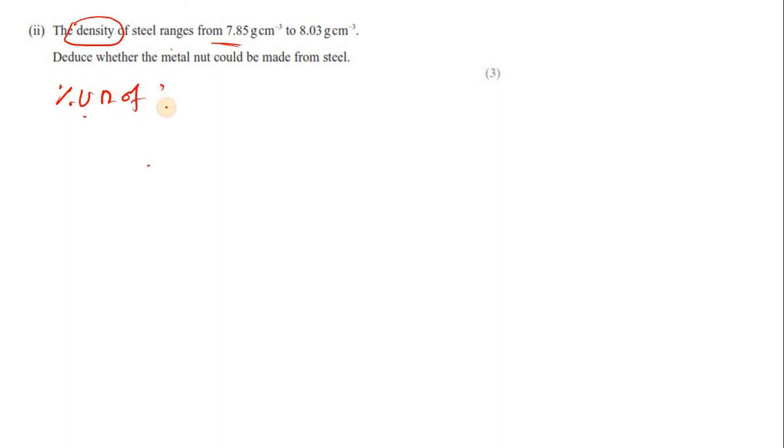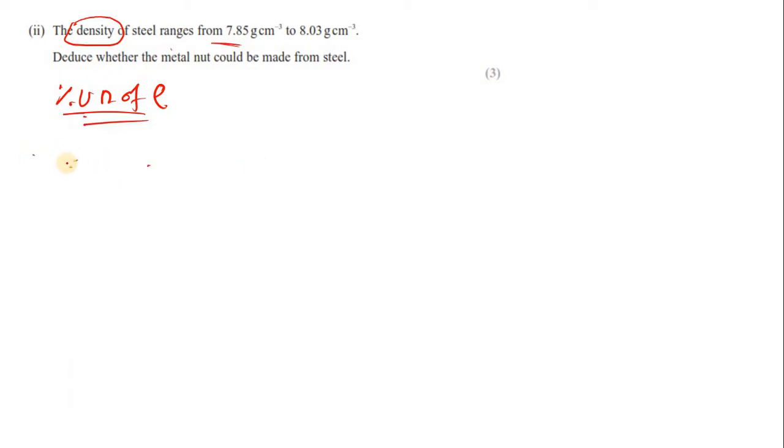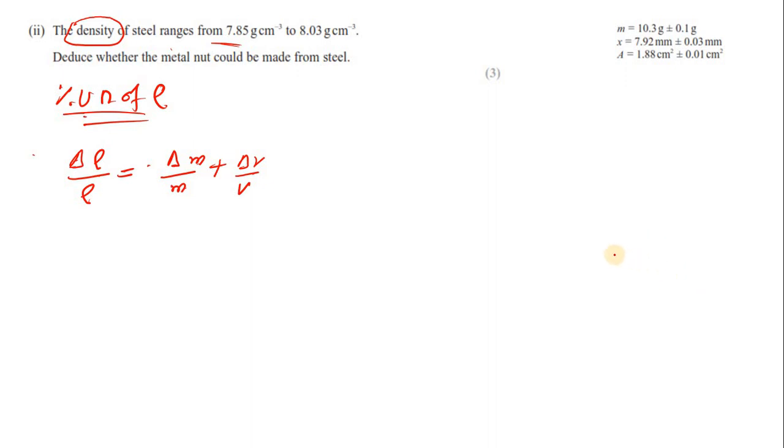So let's figure out percentage uncertainty of the density. First we find delta rho over rho is equal to delta m over m plus delta v over v. These are the data given. We have delta m over m, but delta v over v, this is the volume.